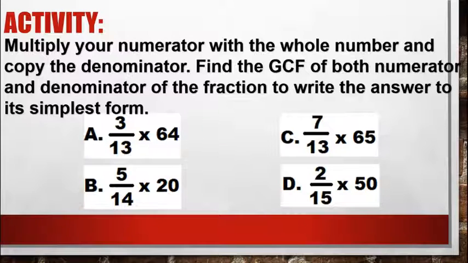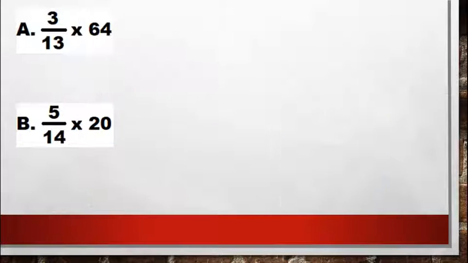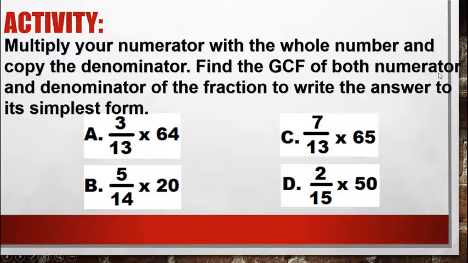So this would be your activity, with the instruction: multiply your numerator with the whole number, then copy the denominator. Find the greatest common factor of both numerator and denominator of the fraction to write the answer in its simplest form.